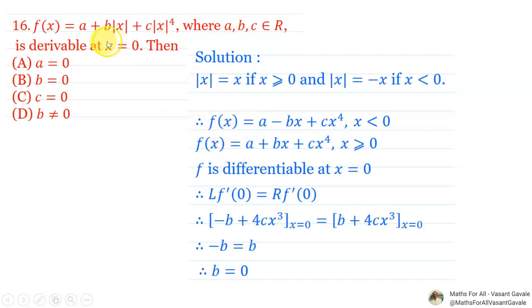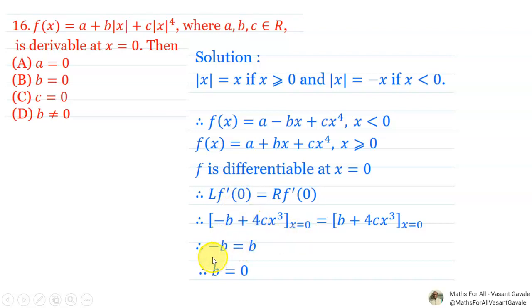F of x equals a minus bx plus cx raised to 4 for x less than 0. F of x equals a plus bx plus cx raised to 4 for x greater than or equal to 0. F is differentiable at x equal to 0 means left hand side differentiation at x equal to 0 equals right hand side differentiation at x equal to 0. Take the derivative and substitute x equal to 0.